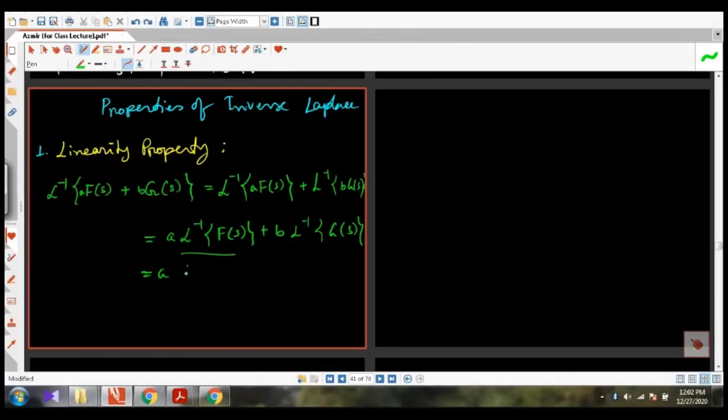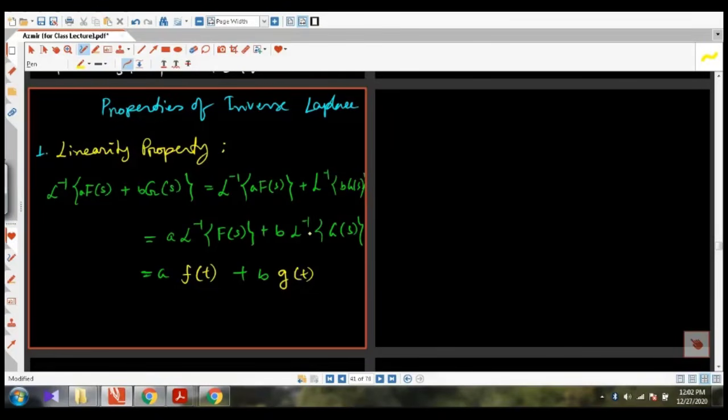It will be f of t, right? Yes, sir. And plus b inverse Laplace transformation of capital G of s. What will be this one? It will be small g.